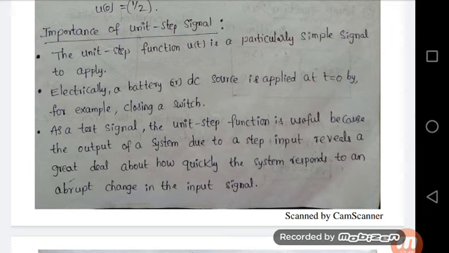That means the overall process of the unit step signal explains the condition of the signals, the behavior of the signals and the response of the process in various circuits.